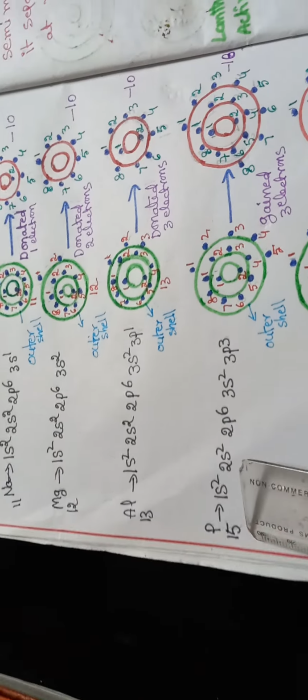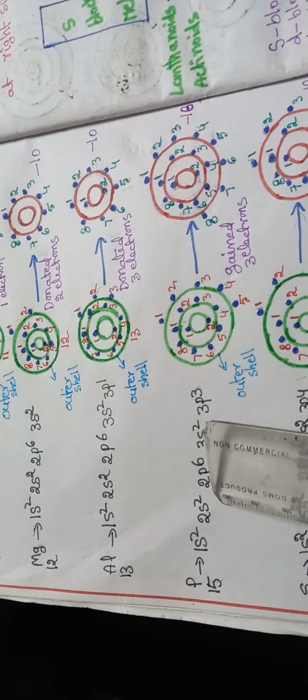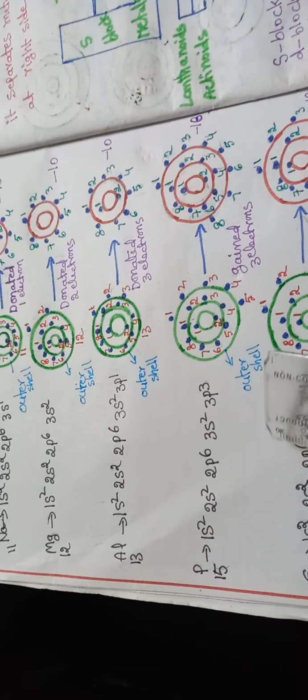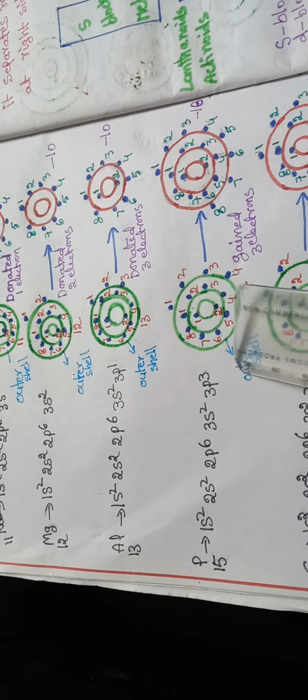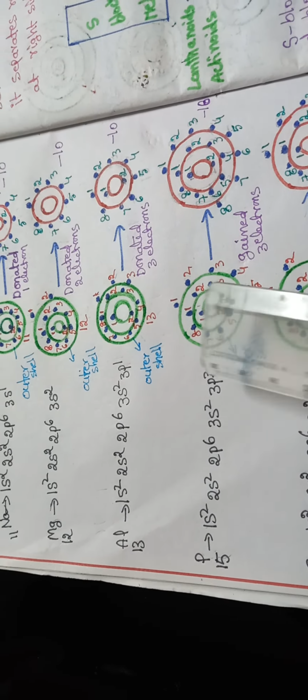Next one, phosphorus, atomic number 15, electron configuration 1s2, 2s2, 2p6, 3s2, 3p3. So here the outer shell contains 5 electrons: 1, 2, 3, 4, 5 electrons. Here more electrons are in the outer shell. So now this atom gains 3 electrons from another element.